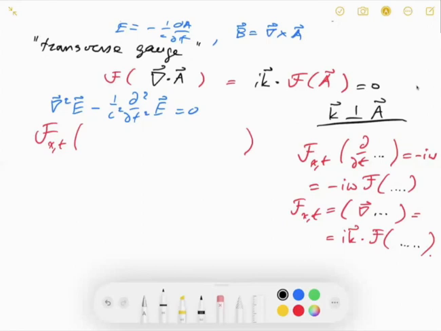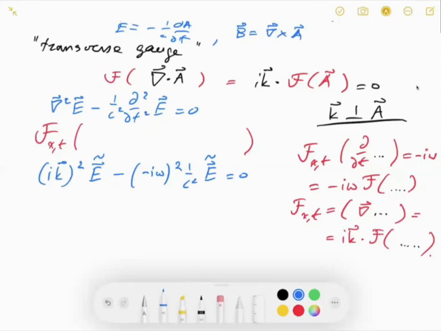So you take the Fourier transform, you'll pick up an ik vector squared, and then you'll end up with the Fourier transform of E, which I'll indicate with a little squiggly on top. Now a minus, and this is where we get our minus i omega squared over c squared times E, is 0.